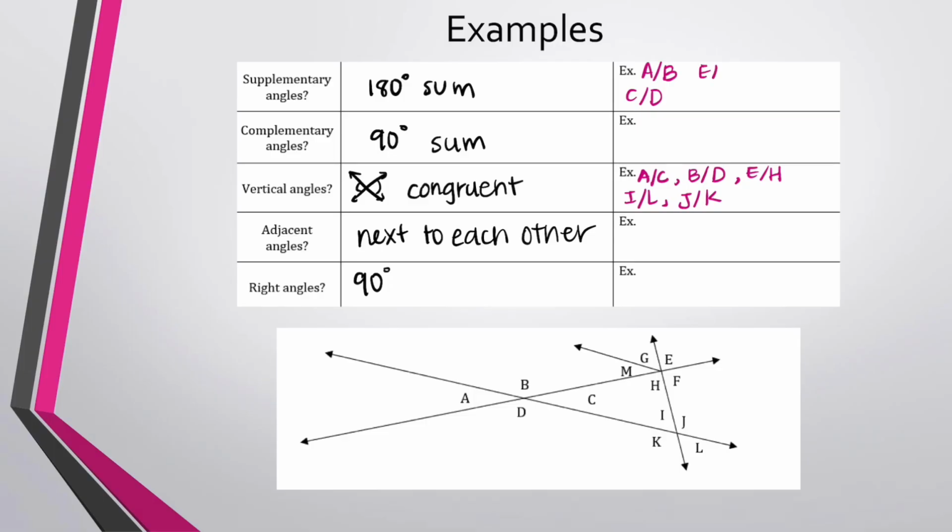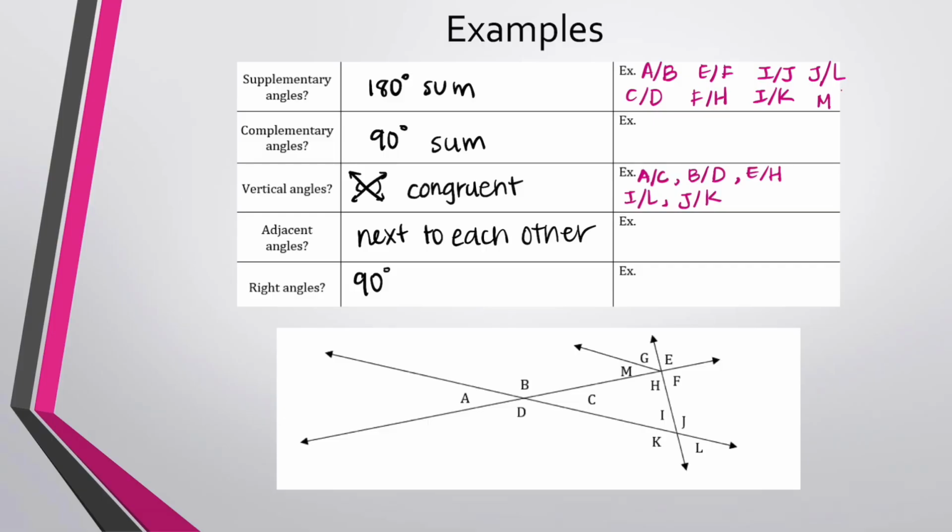So E and F would be supplementary. F and H would be supplementary. I and J, I and K as well, because these are built off of a line, these are built off of a line, right? And then you have J and L, or we already did J and I. I think that's all of them.